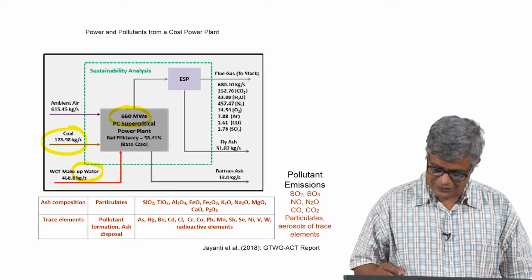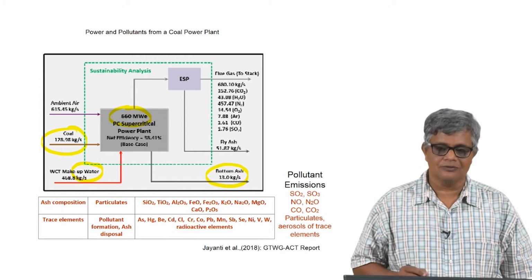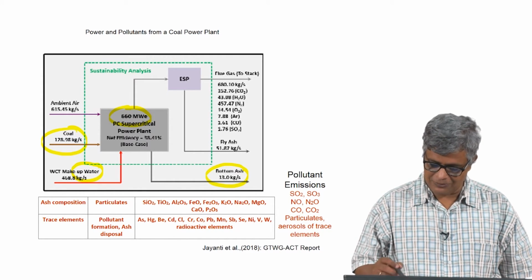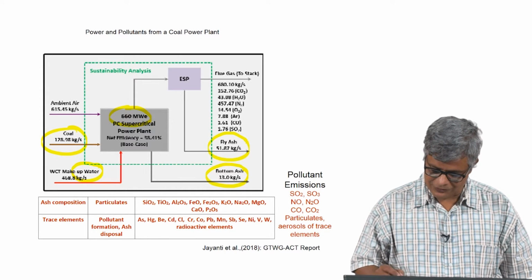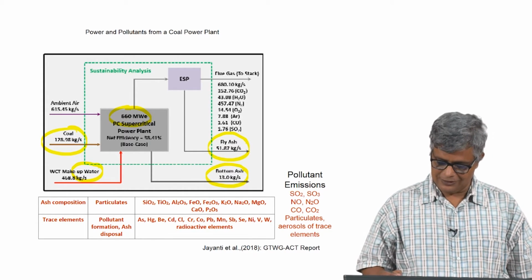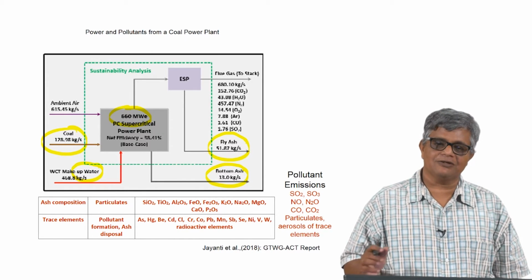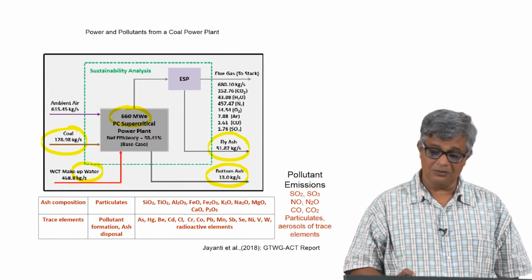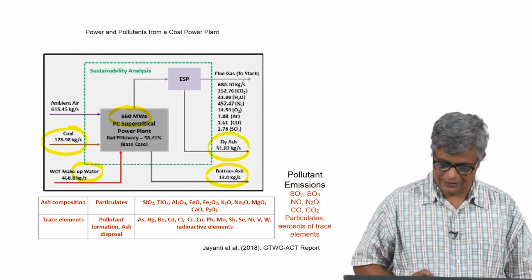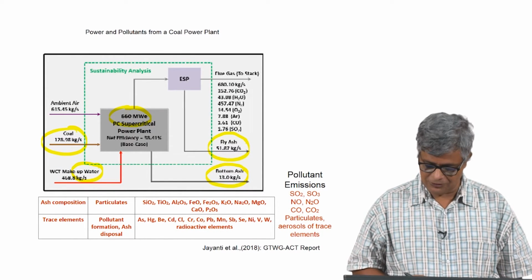It also produces ash as bottom ash, and then it also comes out as fly ash. This bottom ash comes out in large lumps, fly ash comes out in micron sized particles. Both are a problem for us from a disposal point of view.